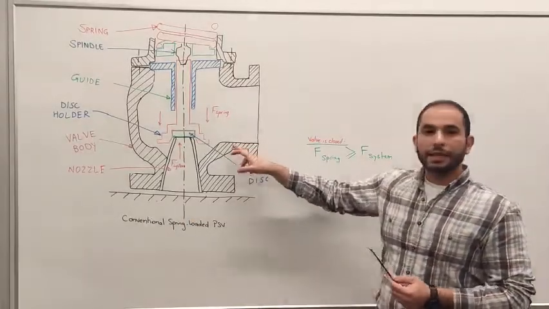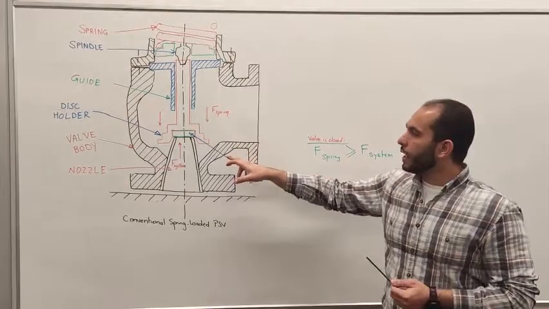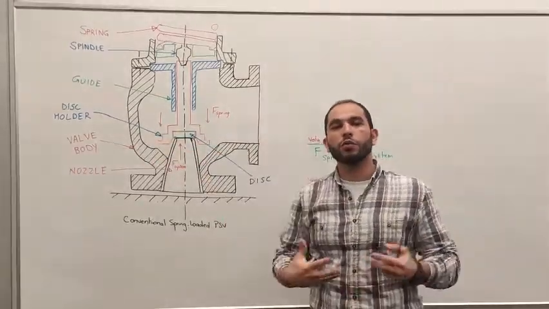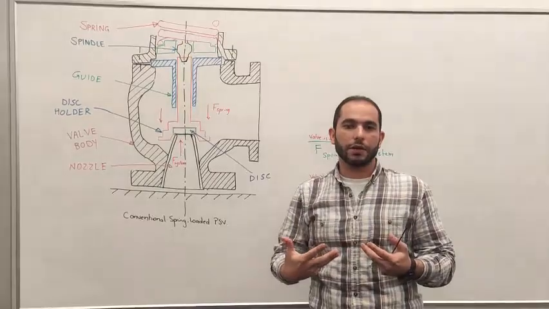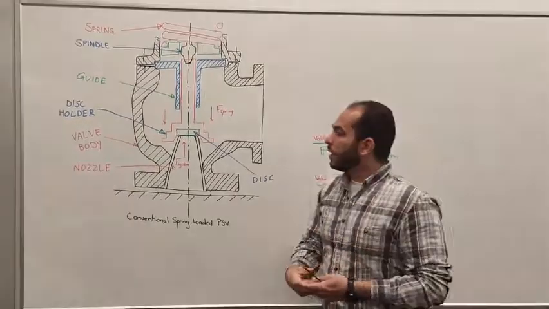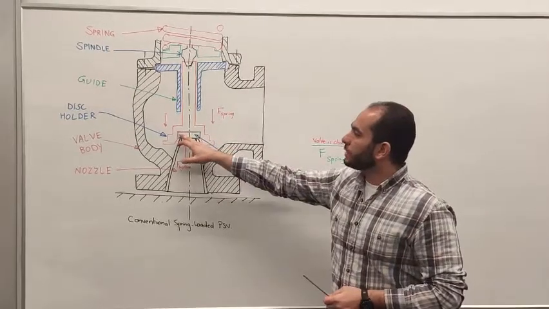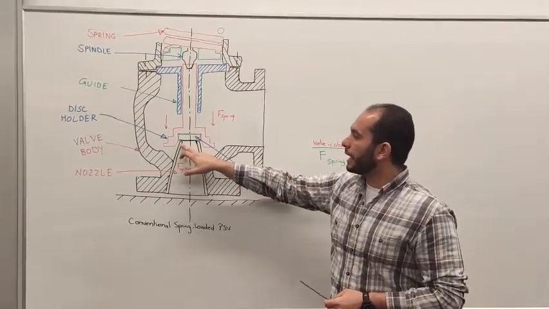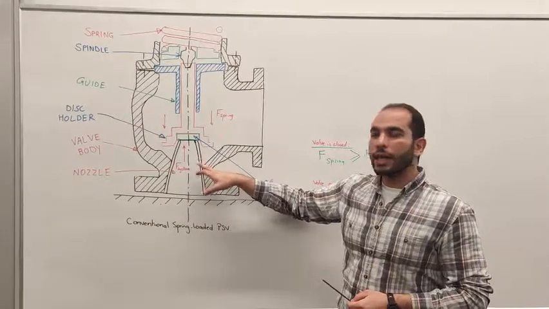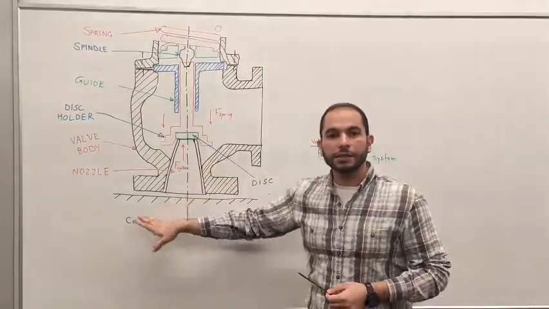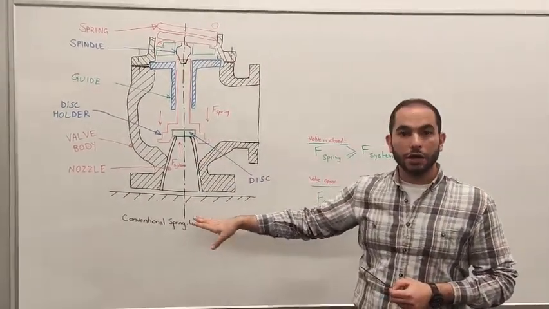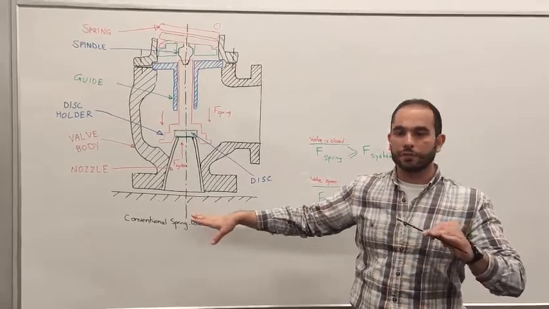Other than the static valve body, we have some internal parts that are moving in relation to each other. One of the most important parts is the disc, which is kept closed against the inlet nozzle, keeping the system pressure always at a constant level.